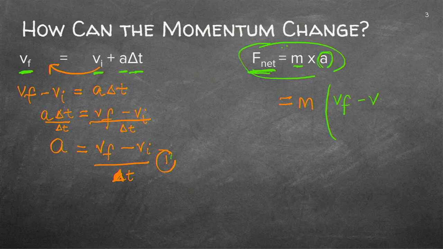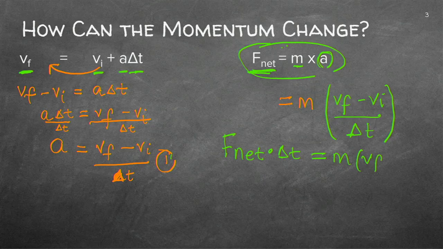Now we can manipulate and we can say F net times the delta t will have that effect.